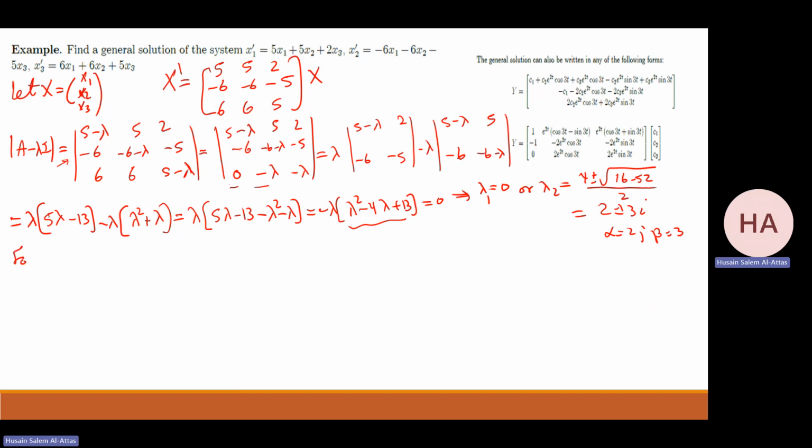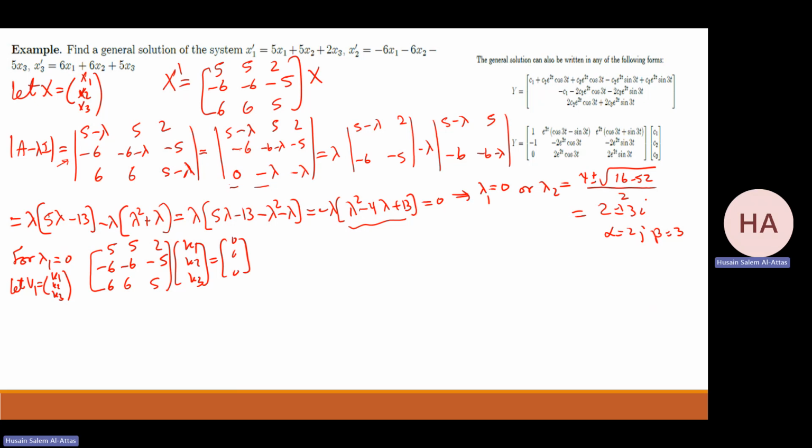So now for lambda 1 equals 0, what will happen? Let's solve the system. I'm doing it quickly. K1, K2, K3. Minus 0 will not make any effect. 6, 6, 5 times K1, K2, K3 equals 0, 0, 0.